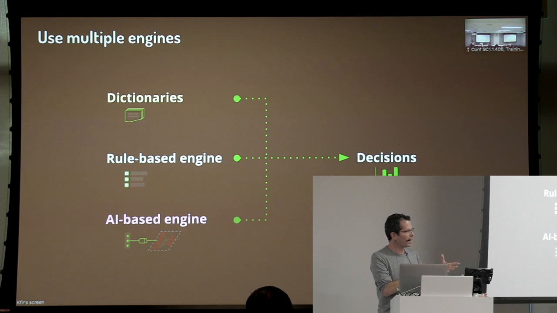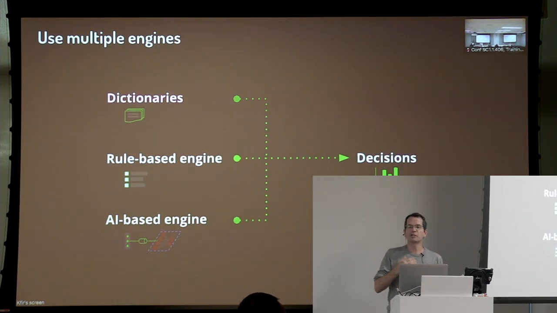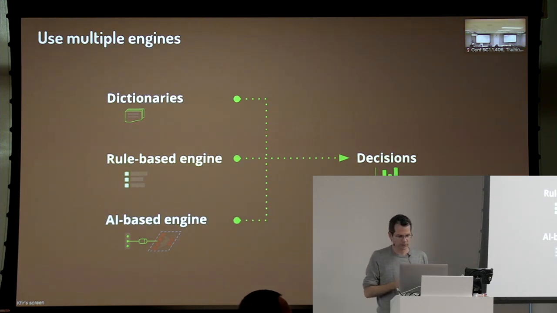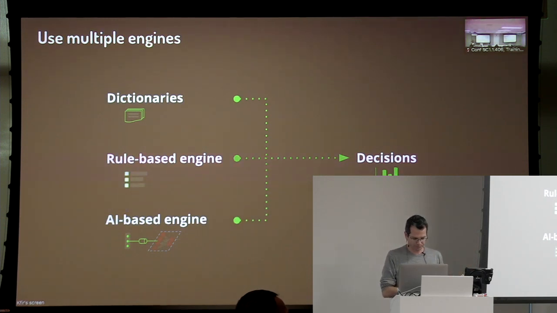And this is why we combine the other engines that take a more deterministic approach to the problem, like dictionaries, right? And a rule-based engine is just using regular expressions. And our clients can also edit those dictionaries and those rules. So they add more flexibility to the whole process.